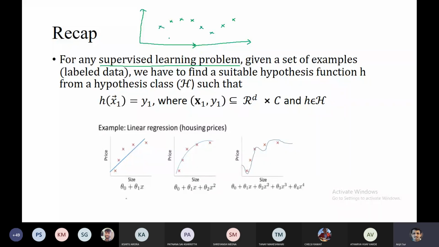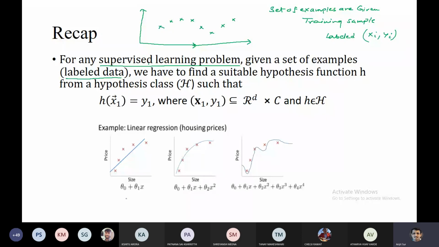This set of examples is called the training sample. These training samples are labeled, which means for each xi the corresponding yi has been given, since it is a supervised setting. So labeled data is very important.